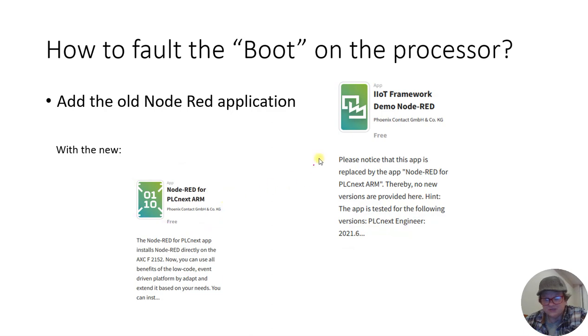This was an older version, so the IoT framework demo Node-RED replaced the Node-RED PLC Next arm. Little things like that, if you're trying to run it at the same time, you may run into issues. Or at least I did. When you check it out, it may be different for you.